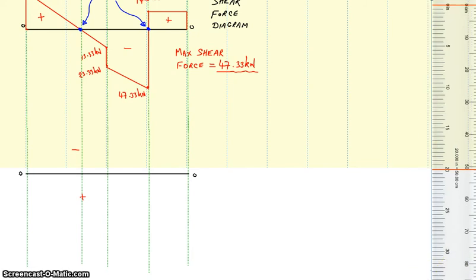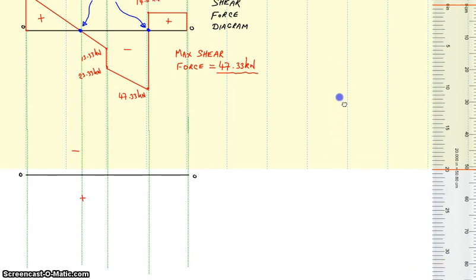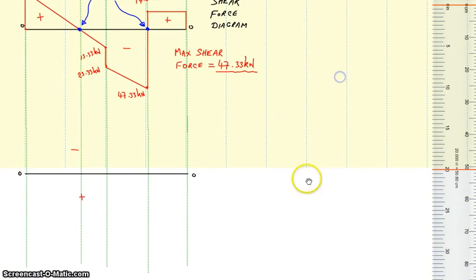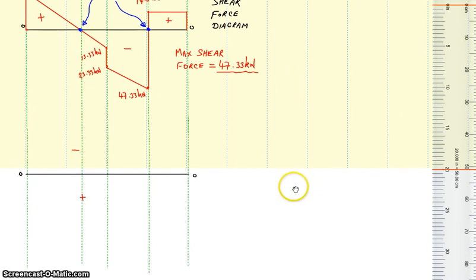Initially, what I want to point out is that we will have to calculate the bending moment for A, A1, B, C, and D in that order. And then we will transfer those onto our bending moment diagram and draw the bending moment diagram and obviously find the maximum bending moment.